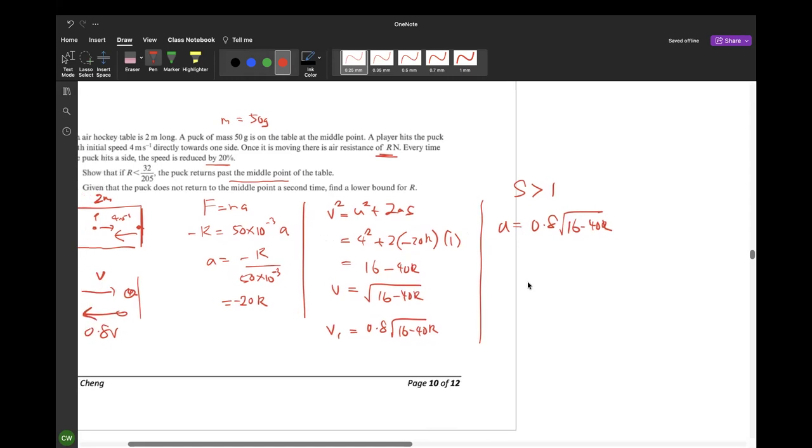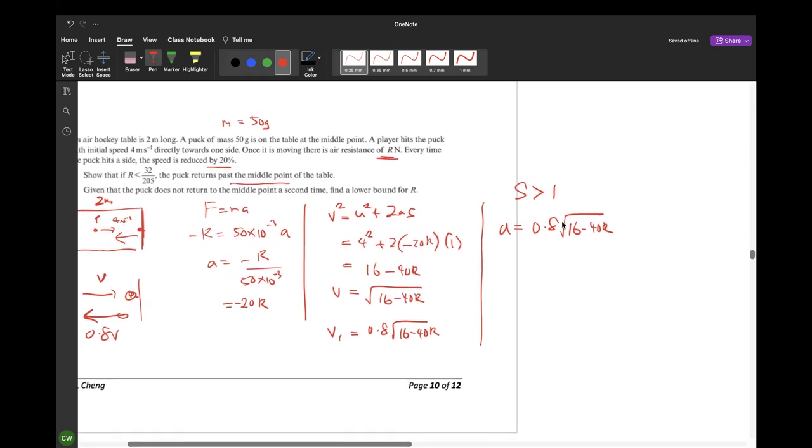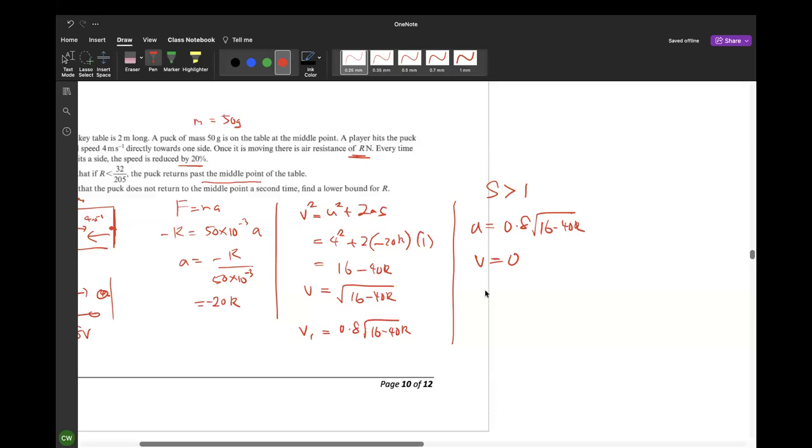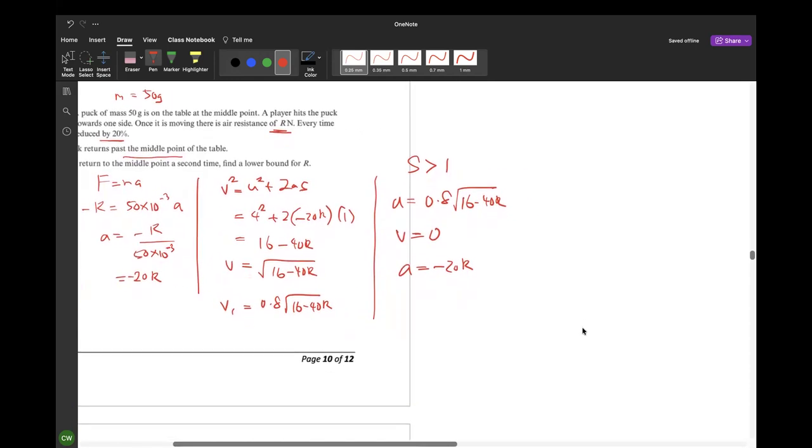So when it stops, the final speed is 0. What is the acceleration? It has the same deceleration of minus 20R. Okay, so what is the formula now? V squared = U squared + 2AS.